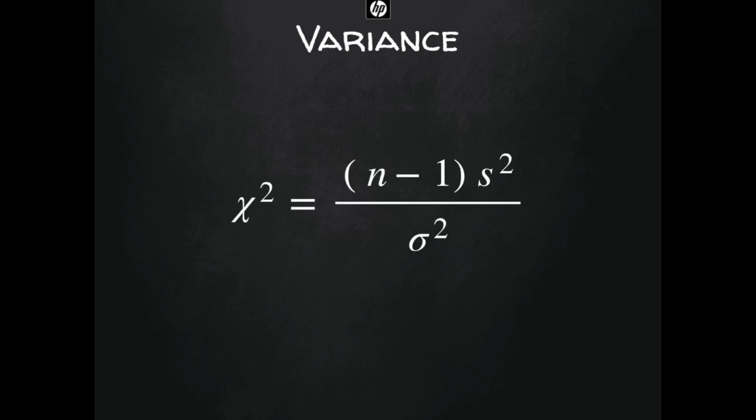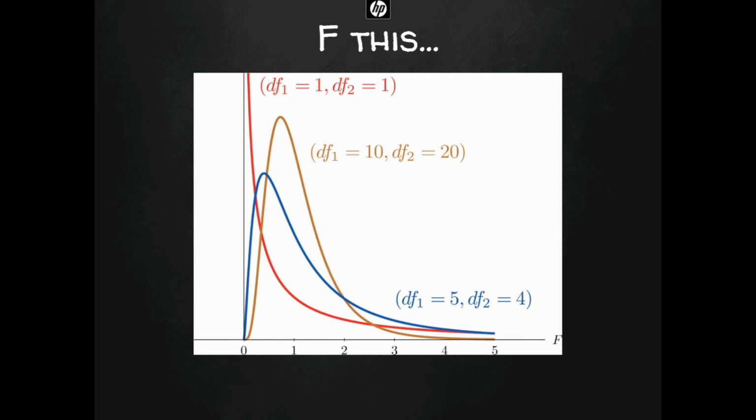You will recall from the previous chapters that when we dealt with variance in the past, we used a chi-square test statistic. Here, when we deal with two variances, chi-squared doesn't work anymore, and we actually move into what's called an F-test statistic. Here is a graph that shows several F curves.